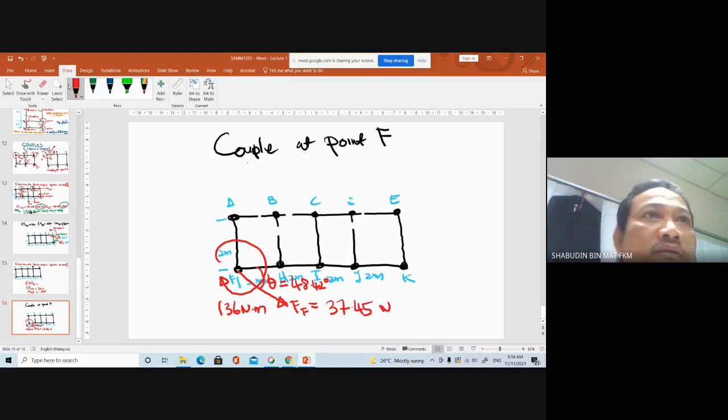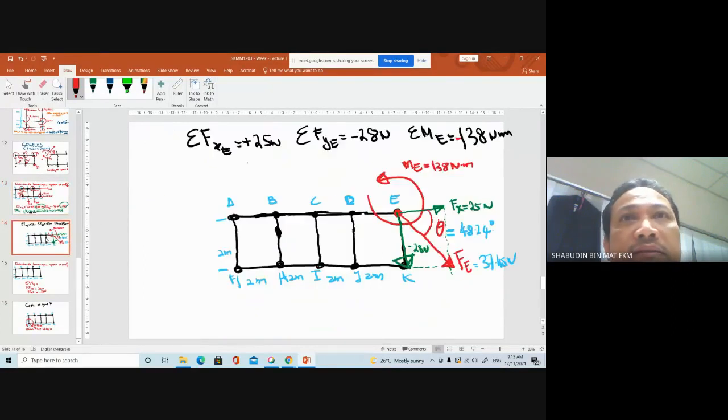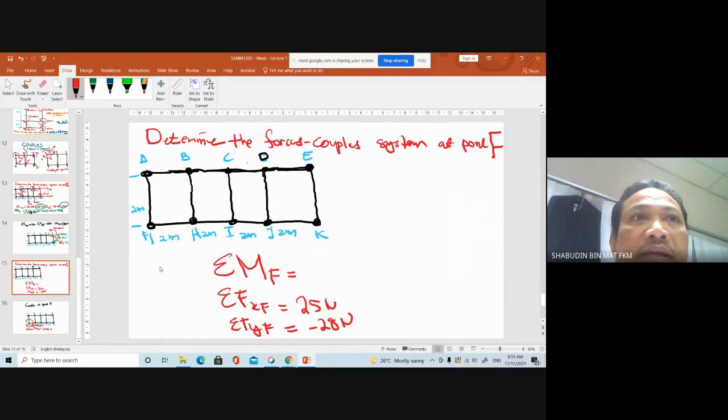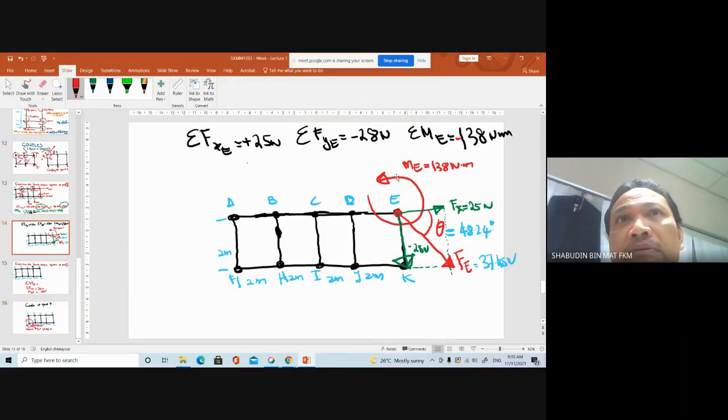When you transfer the moment to point E, or to point F, the magnitude and direction of the forces are unchanged, except the moment. This we call a couple at point E. This is a couple.